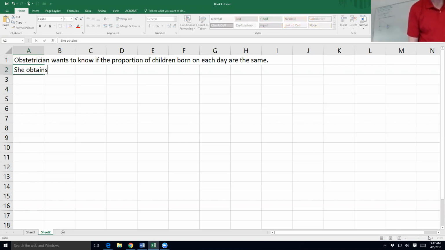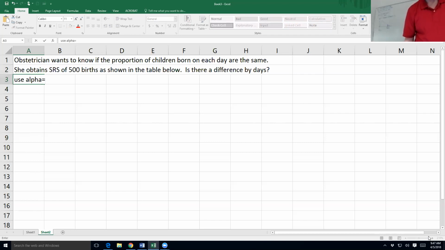She obtains a simple random sample of 500 births as shown in the table below. Is there a difference by day? Use alpha equal 0.01.